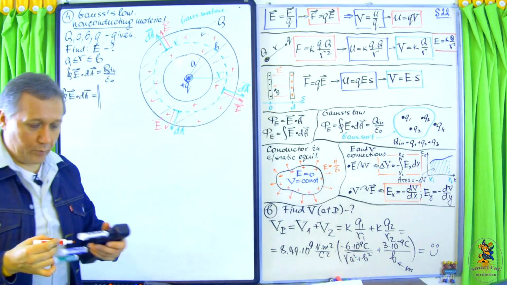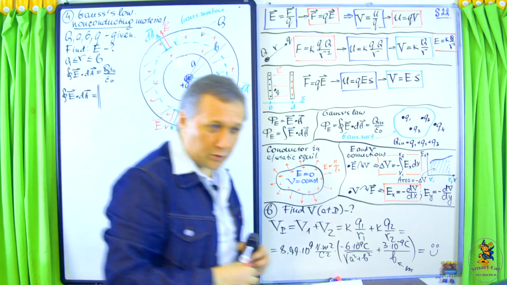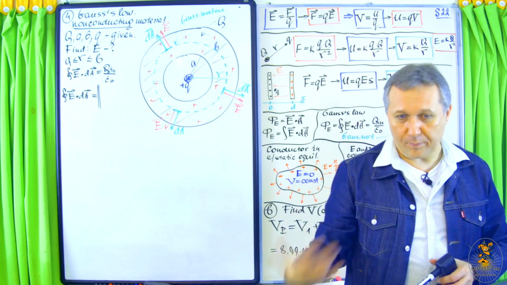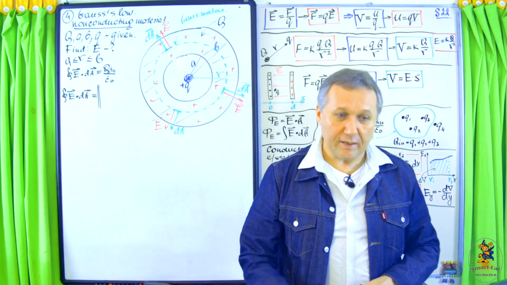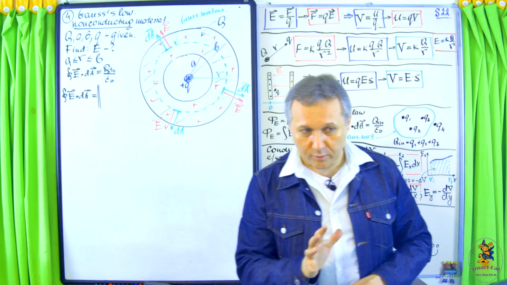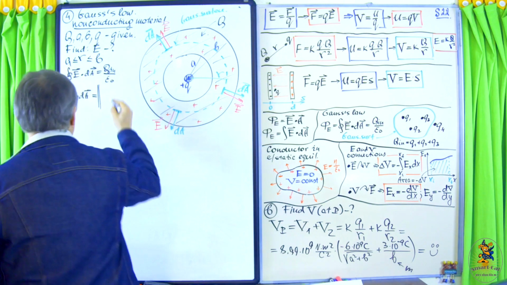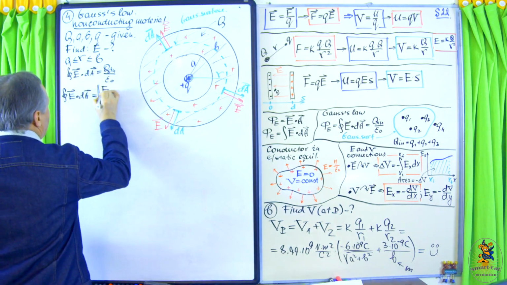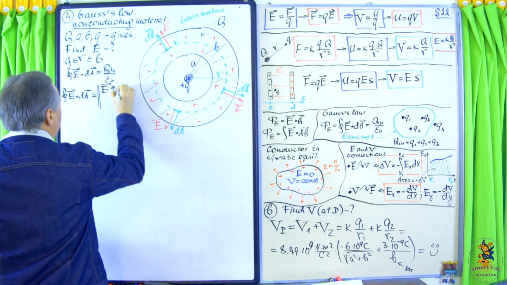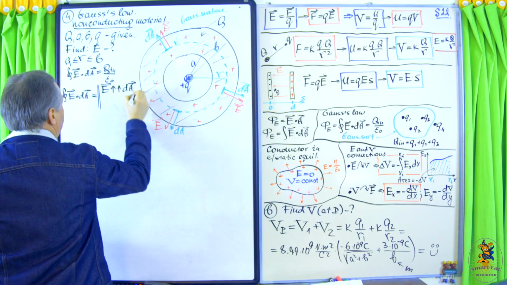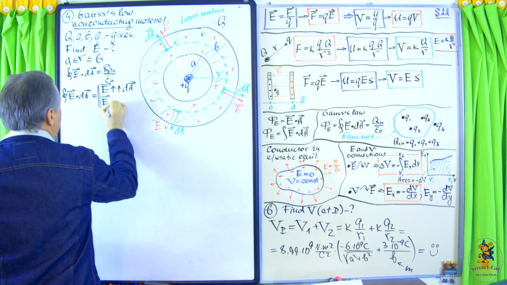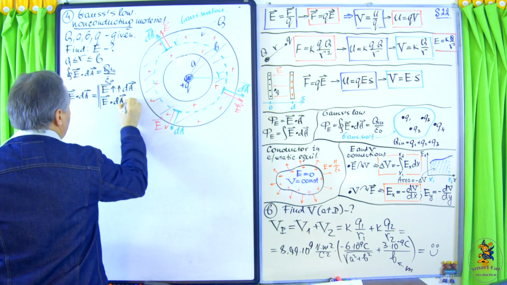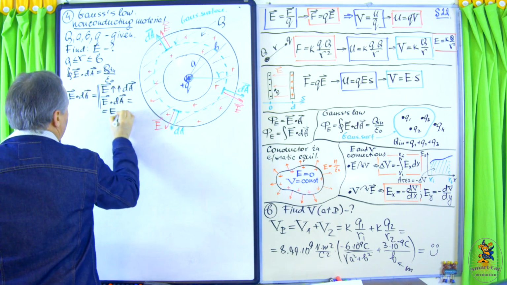And you see at every point on the Gaussian surface, these two vectors, E and dA, are parallel to each other. As a result, we can simplify this expression and get rid of the dot product, get rid of vectors. So E is parallel to dA, and the dot product E dot dA equals E dA.